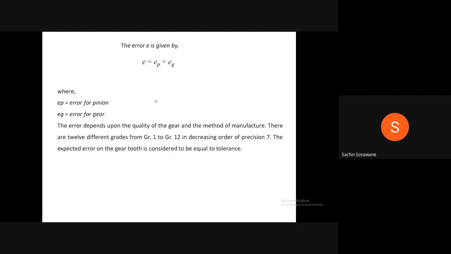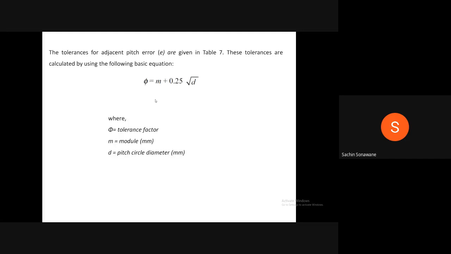The expected error on the gear tooth is considered to be equal to tolerance. Therefore, these errors we have to calculate in mm. Total error E is equal to EP plus EG. The tolerances for adjacent pitch error E are given in table 7.